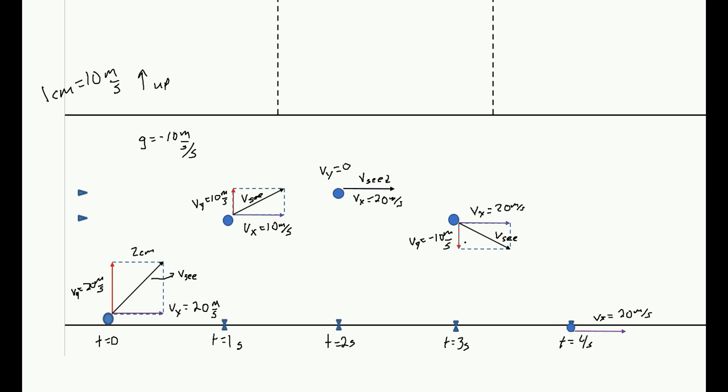And vertically, it's going negative 10 meters per second, changing at 10 meters per second every second in the negative direction. So it should now have a vertical velocity of negative 20 meters per second. Draw your little rectangle there and a diagonal, and then there's the velocity that you see.